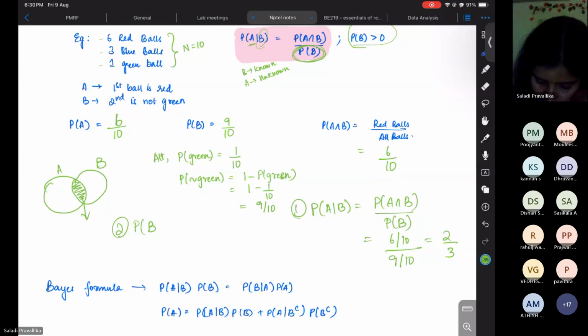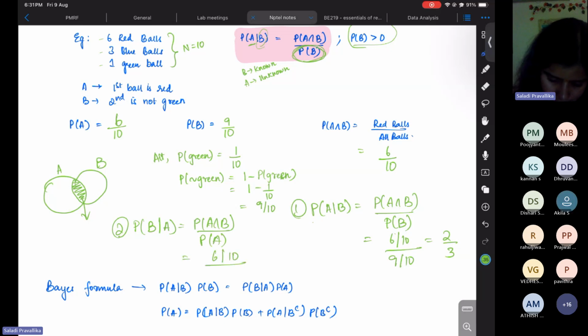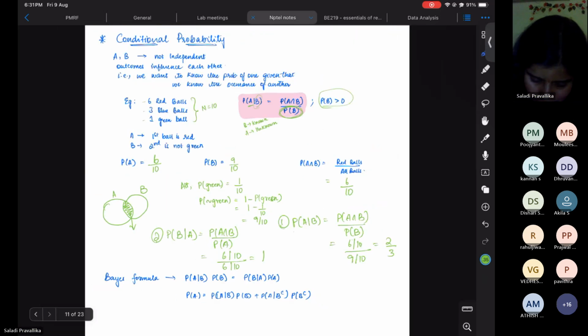So let's continue. If I wanted to find P of A given B, this is how I'll do it. In case I want to find P of B given A, it is equal to P of A intersection B divided by P of A. That is equal to 6 by 10 divided by 6 by 10, equal to 1.